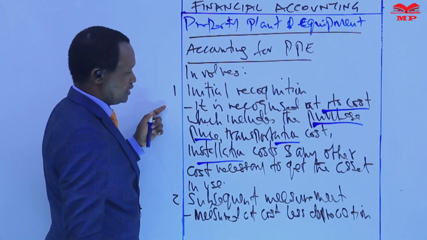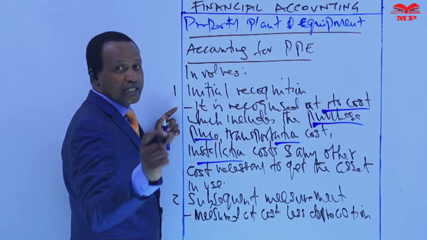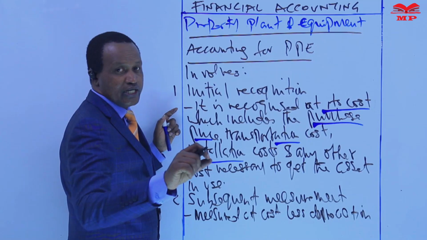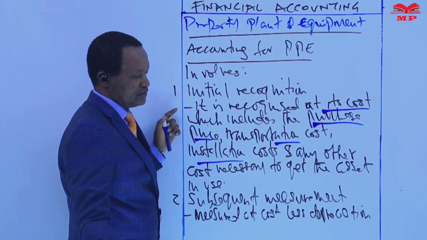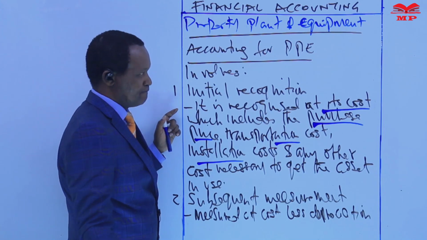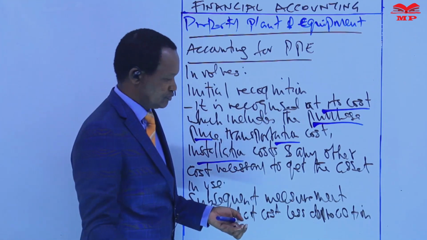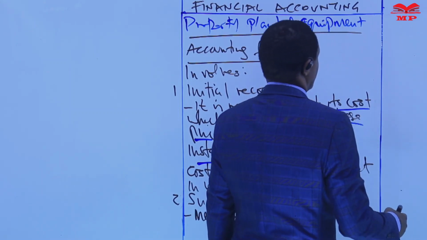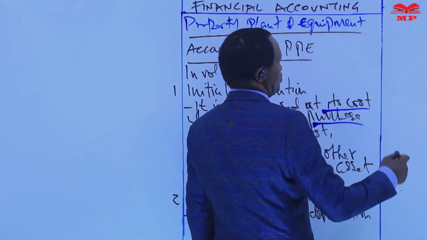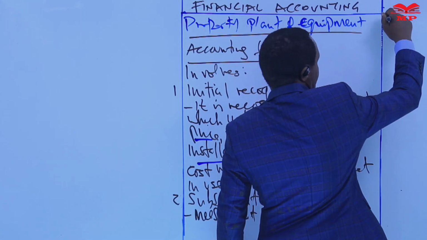Subsequently, PPE is measured at cost less depreciation and any other impairment losses. Do you understand? So that brings us to the question of depreciation.